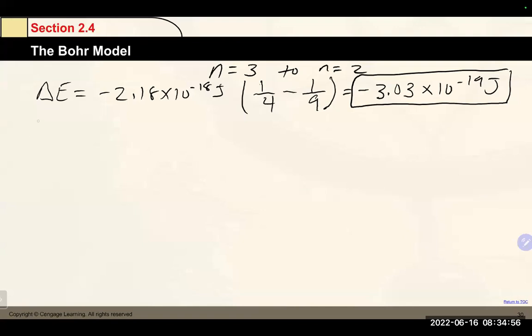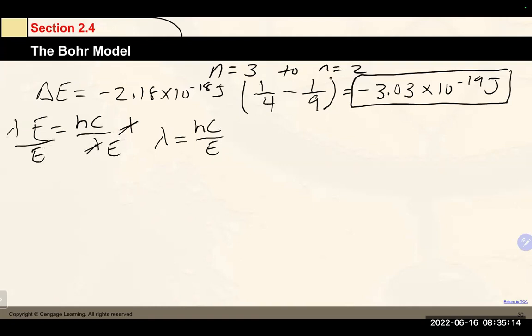Let's go with the wavelength next. So E is equal to hc divided by the wavelength. Rearranging this gives us that the wavelength would be hc divided by E, found by multiplying the wavelength to both sides, then dividing by E on both sides.